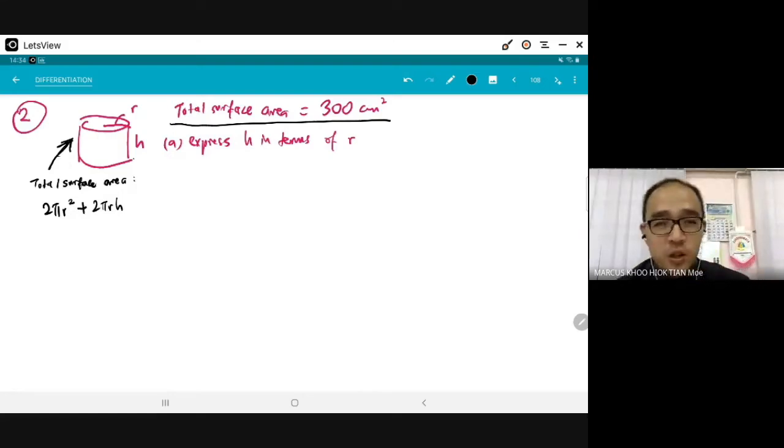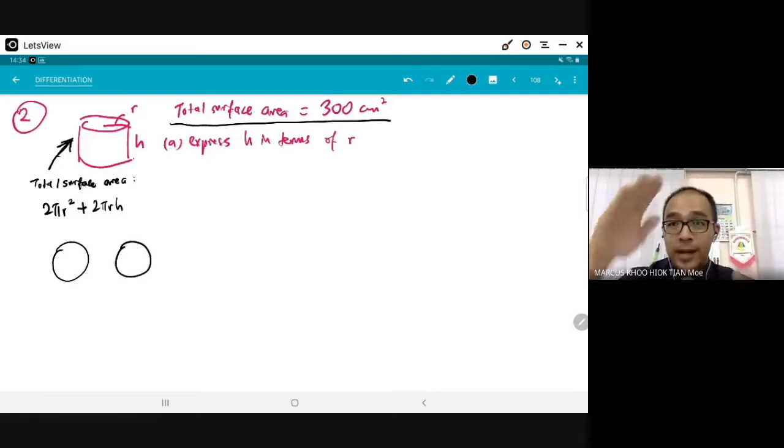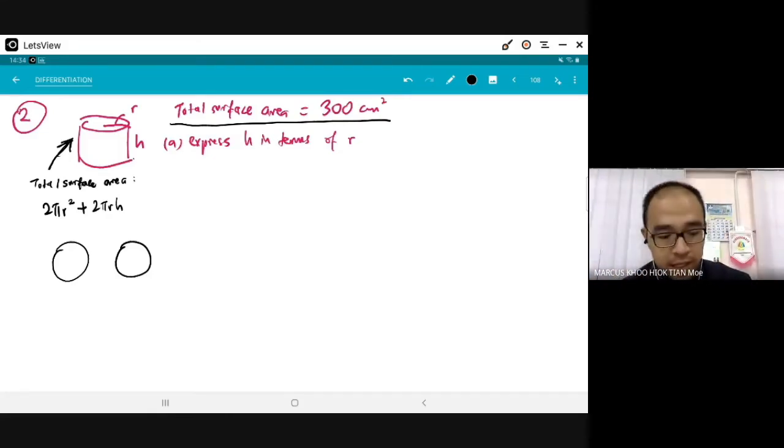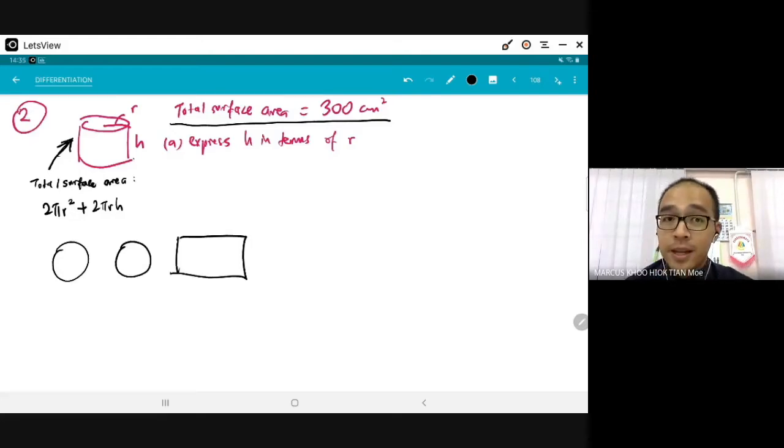Do you know how to count surface area? It is the area plus the area plus the area at the bottom. If you open up a cylinder, it consists of 3 parts: the 2 circles, the top and the bottom, and then this part, which if I open it is actually a rectangle. The area of one circle is pi r squared, because it is the area of a circle, so adding both you get 2 pi r squared.